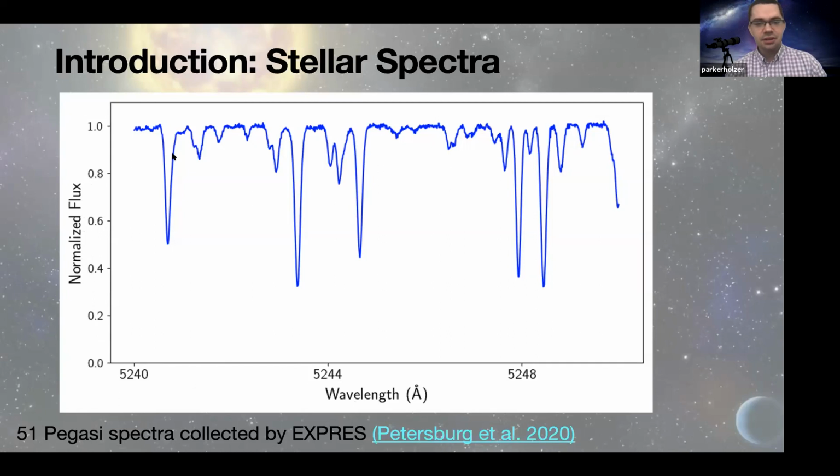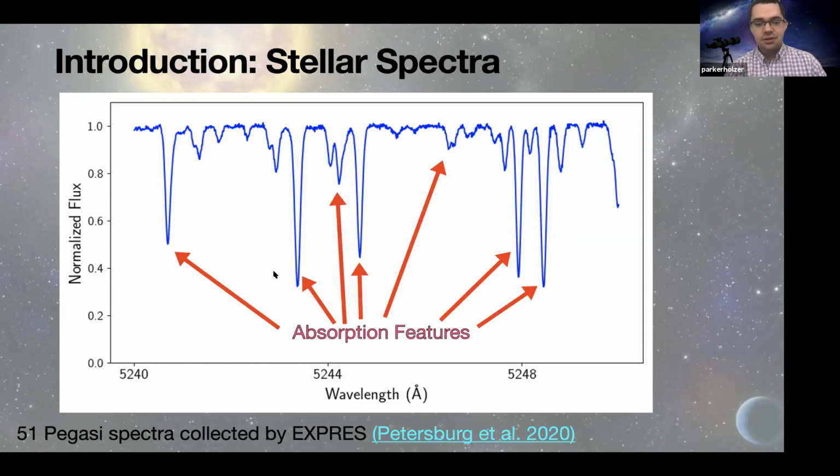And what you'll notice when you look at this or most spectra is that you have these narrow dips in relative brightness. And these are referred to as absorption features. And these absorption features are key to discovering or detecting a Doppler shift in this spectrum, because a Doppler shift would rescale this wavelength axis, and therefore, over time, if there's an orbiting planet, you would see these absorption features shifting right and left over time.